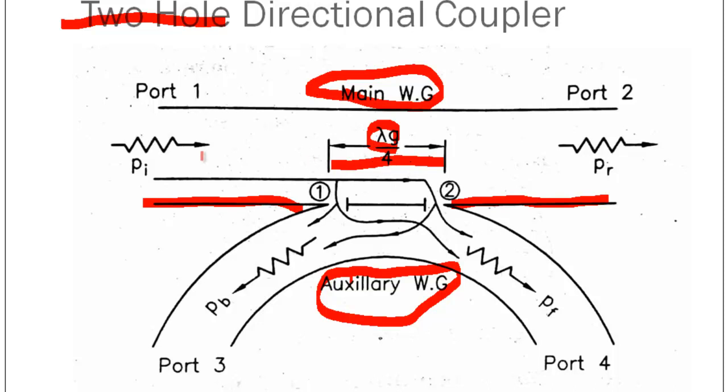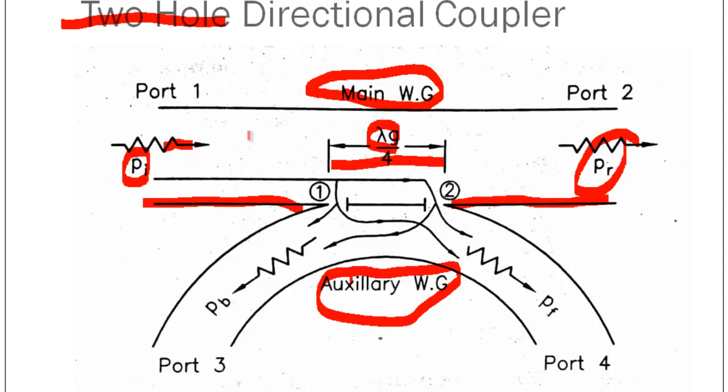Now, if any signal is traveling from port 1, that particular power is known as Pi, and it is traveling towards port number 2, right? When that power is received at port number 2, it is known as PR, that means received power.